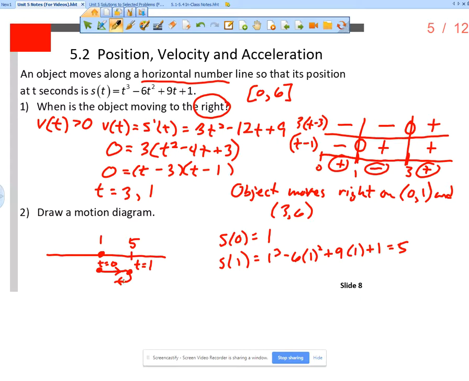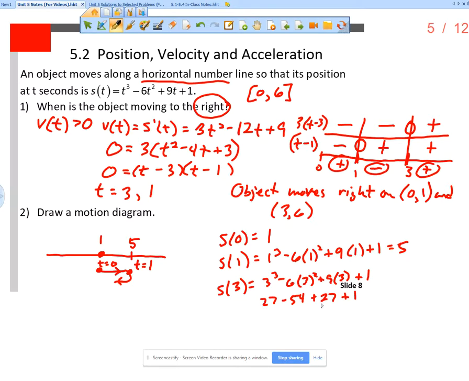Now I traveled to the left. How far to the left did I get? Then I need to know S of 3. So 3 cubed minus 6 times 3 squared plus 9 times 3 plus 1. 3 times 3 times 3 is 27, minus 6 times 3 squared: 3 squared is 9 times 6 is 54, plus 9 times 3, 27, plus 1.